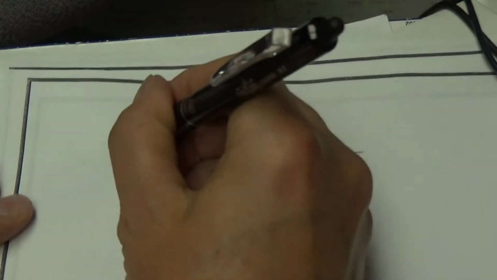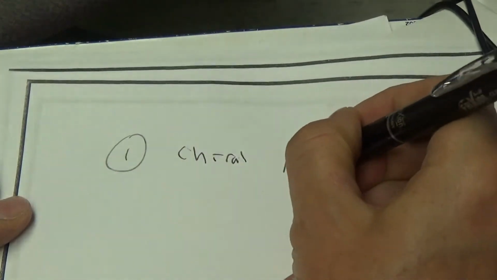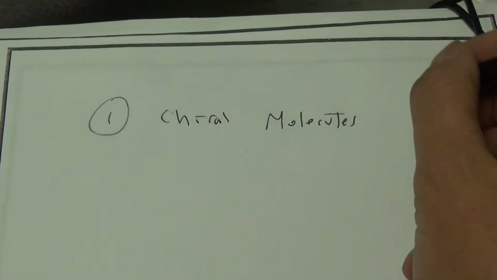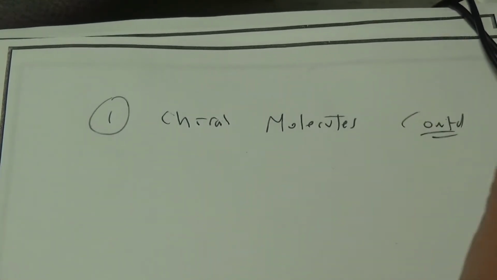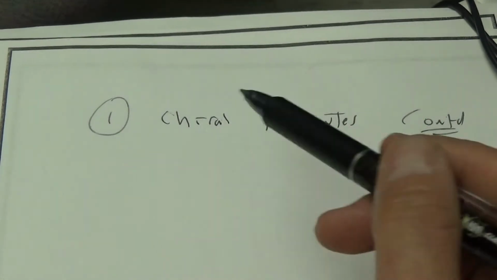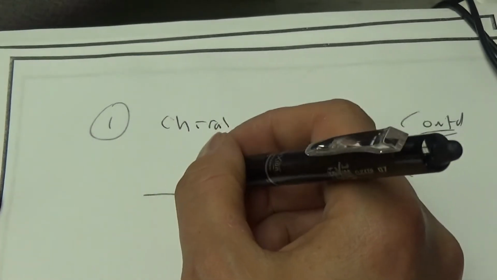Okay, and we're still on number 1, which is chiral molecules. A lot of introductory material, but we are learning a lot. We're covering a lot of ground, but we're still technically on what I'm calling number 1 here. And I showed this before, let's show it again.